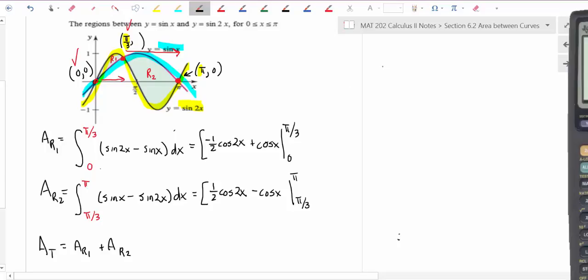Okay, now let me show you why that's the case. If you were doing the integral of sine x minus sine 2x dx, I could actually rewrite this as the integral of negative, sine 2x minus sine x dx, because it's the same thing.